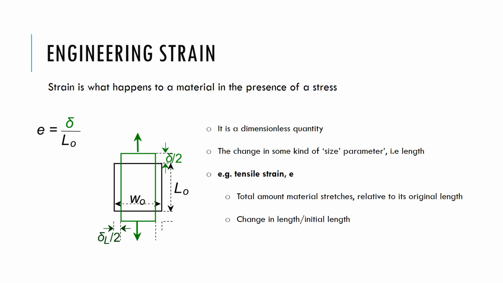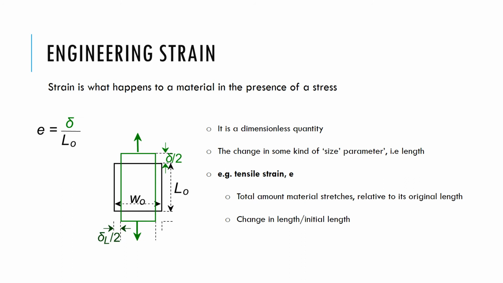Now, if we've got engineering stress, then we must have engineering strain. And strain is what happens to a material in the presence of stress. It is a dimensionless quantity, and it is the change in some kind of size parameter of the material.